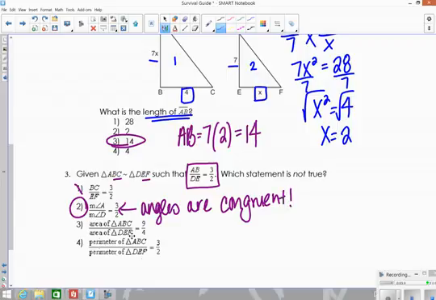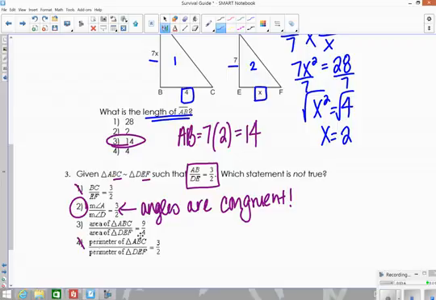Now, the area and the perimeter, I just want to talk about that. The ratio of the perimeters equals the ratio of the sides, so this one's definitely got to be equal. But for area, the ratio of the sides squared equals the ratio of the areas. If I square 3, I get 9. If I square 2, I get 4. So the ratio of these sides squared would give me the ratio of the areas.